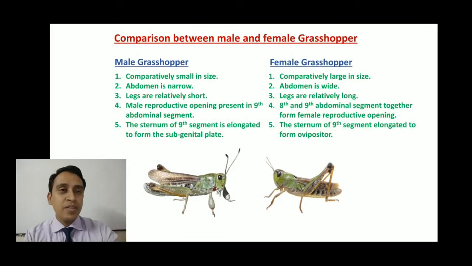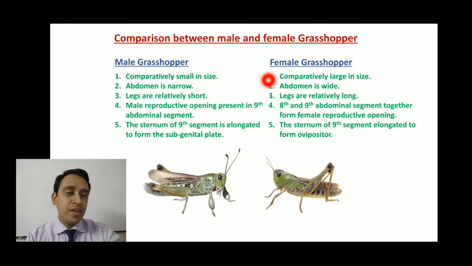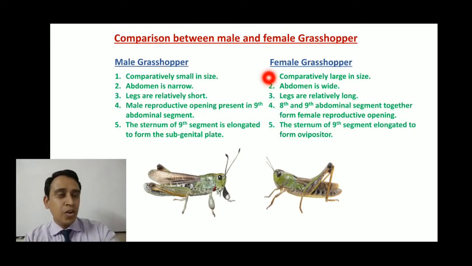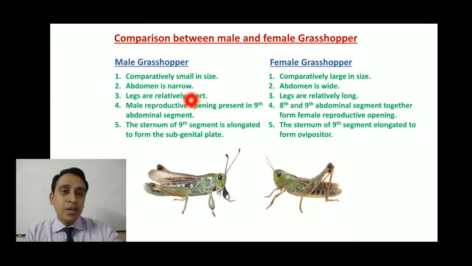Now, the comparison between male and female grasshopper. You can see here the comparison. The male grasshopper is comparatively small in size and the female grasshopper is comparatively large in size. Abdomen is narrow in male and comparatively wide in female. Legs are relatively short in male and relatively long in female.